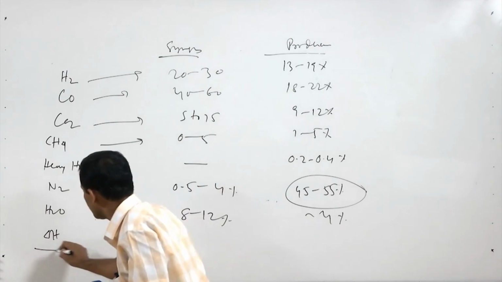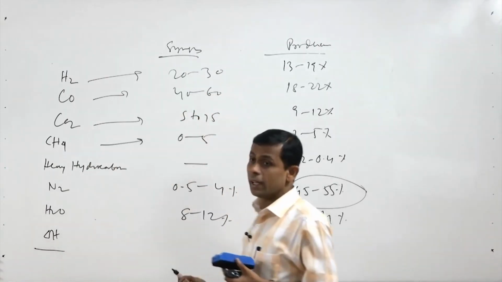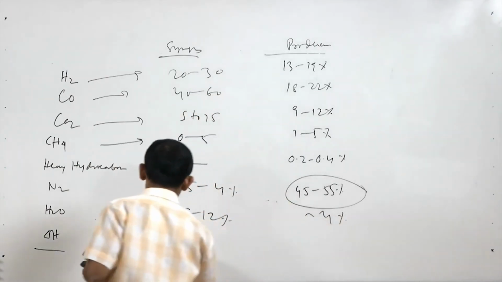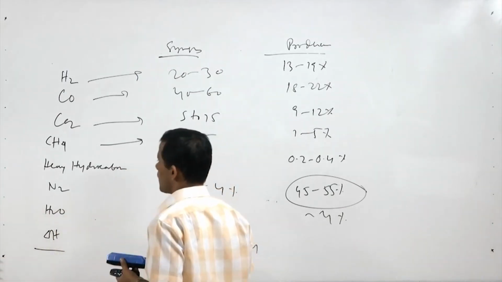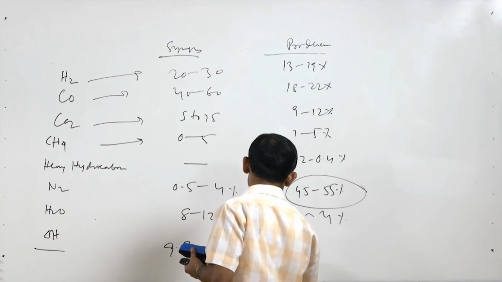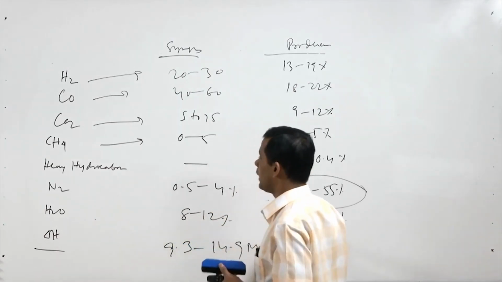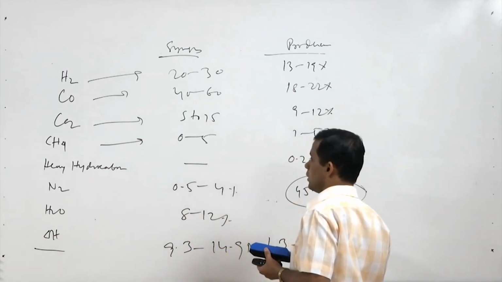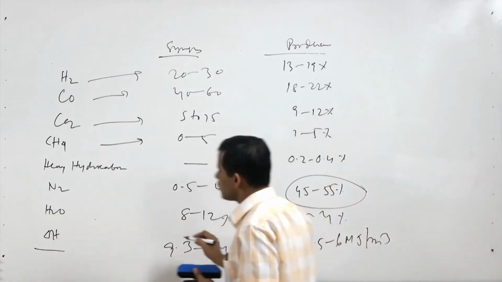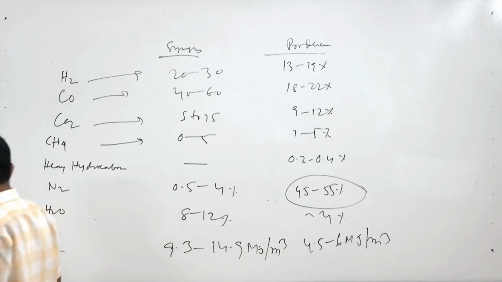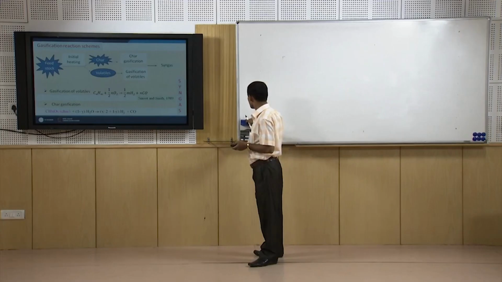The del H value for syngas is higher, 9.3 to 14.9 megajoule per normal meter cube, whereas for producer gas it is only 4.5 to 6 megajoule per meter cube. So, the heating value of producer gas is less than that of syngas.